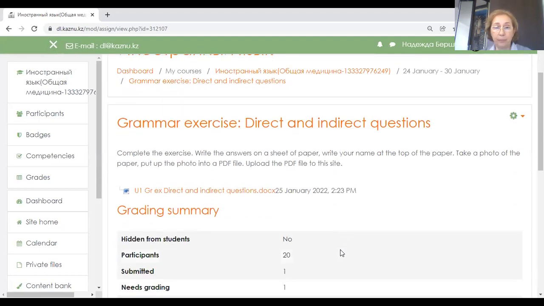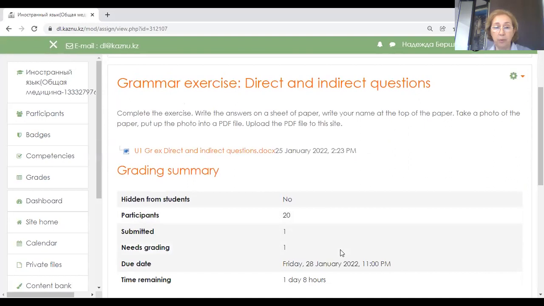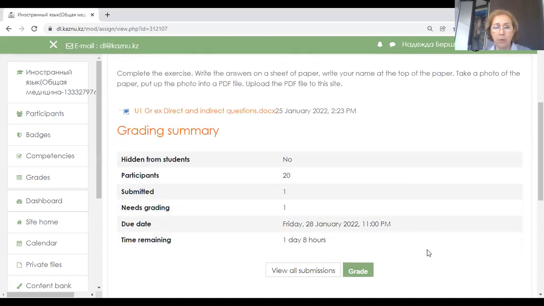And one more thing which is important. You'll see a different picture, but you'll also see the following due date. The due date for this task is Friday, the 28th of January, till 11 p.m., till the end of the day. So this is the deadline for this task.